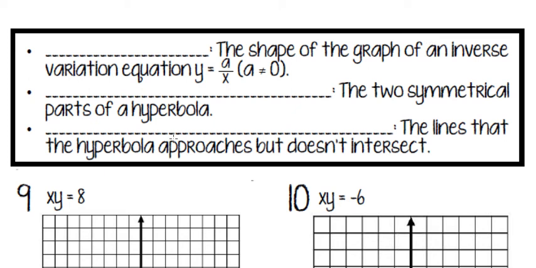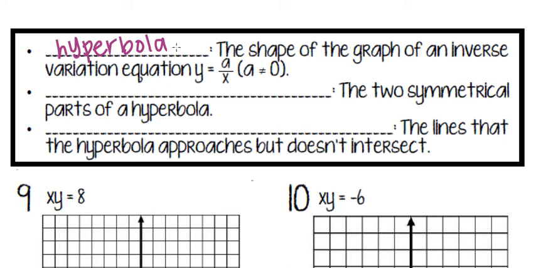But the shape of the graph is called a hyperbola. It's kind of like hyperbole. It's spelled the same way as hyperbole in language arts class, but it's an A at the end, hyperbola. So that shape, we'll talk more about it.